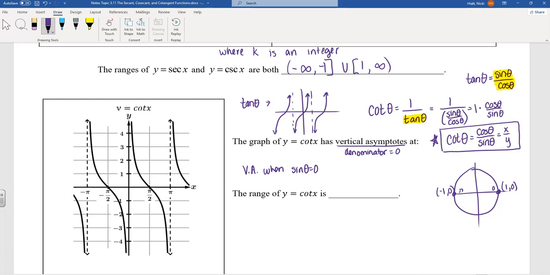So I could say that cotangent has vertical asymptotes at x equals, we could do 0 plus pi k, or it would probably be better to just do pi k right here, where k is an integer.